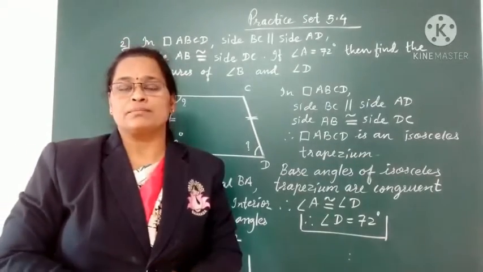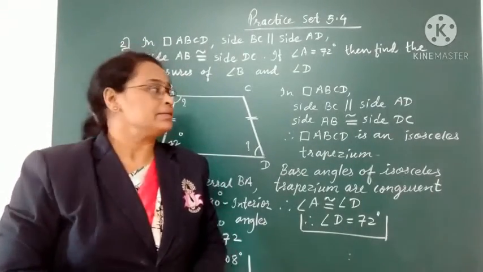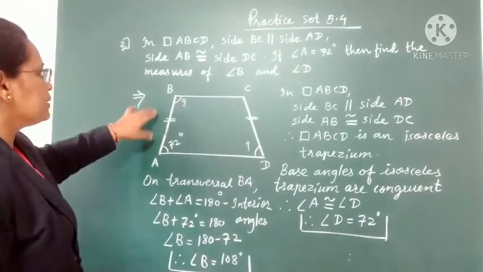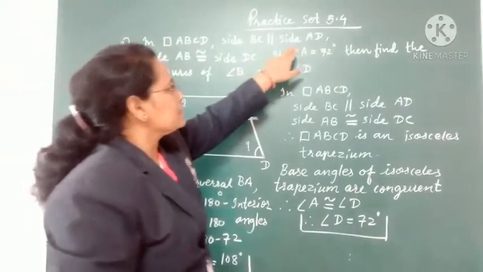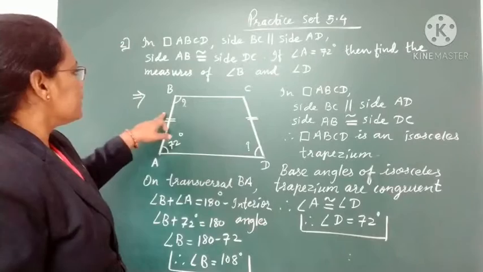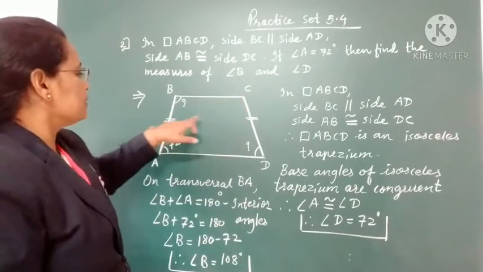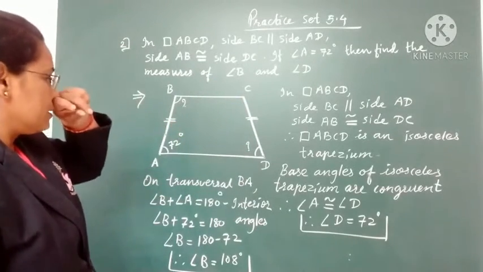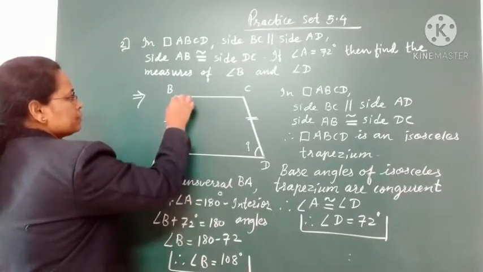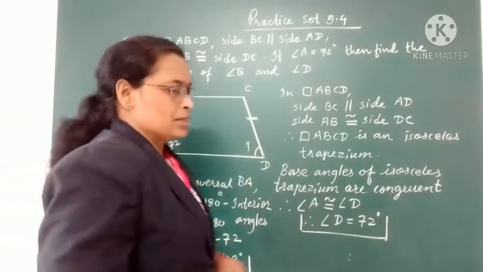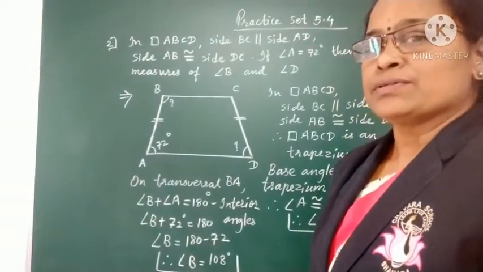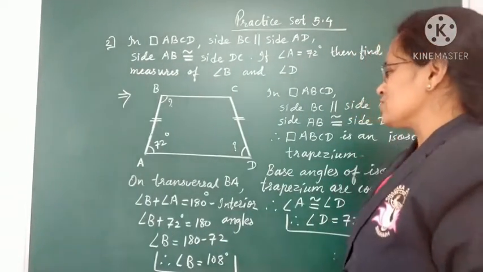This is the second example on the trapezium, that is the isosceles trapezium. In this quadrilateral ABCD, side BC is parallel to side AD, sides AB and DC are congruent, and angle A is given as 72 degrees. We have to find the measures of angle B and angle D. Now here we have to use the property of the isosceles trapezium.